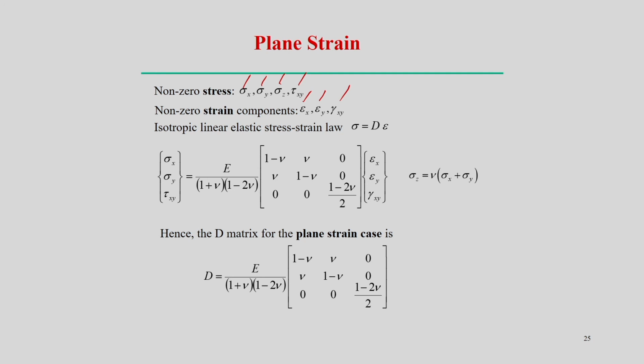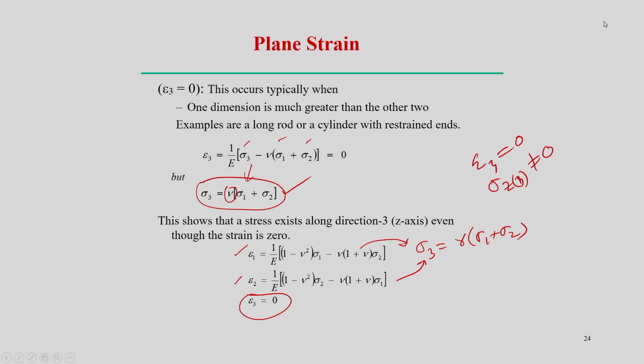Now similarly, isotropic linear elastic stress strain law: from the elastic stress strain curve we can estimate sigma equal to D into epsilon. In the same way we can relate C, but our objective is to find the D matrix in case of the plane strain condition. We have already used this expression in the previous slide. So use this expression and this expression, and from here we can represent the stress components in terms of the strain.